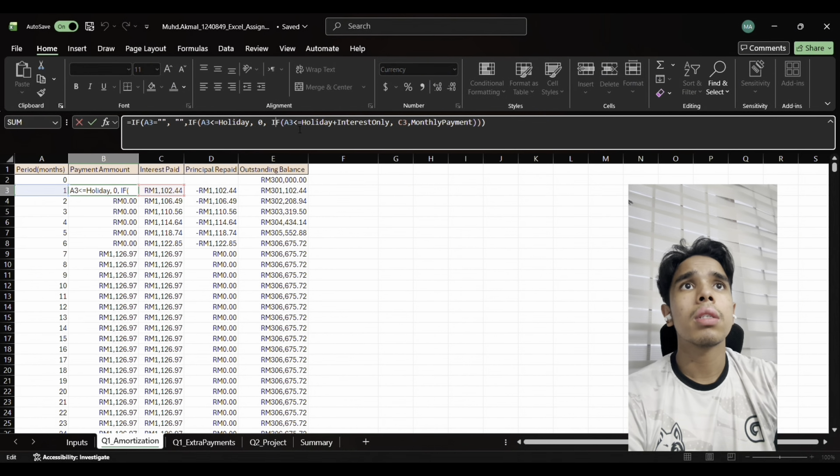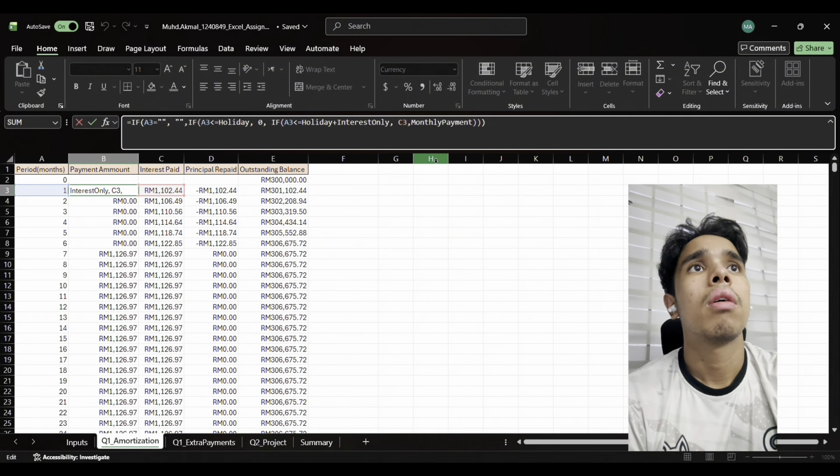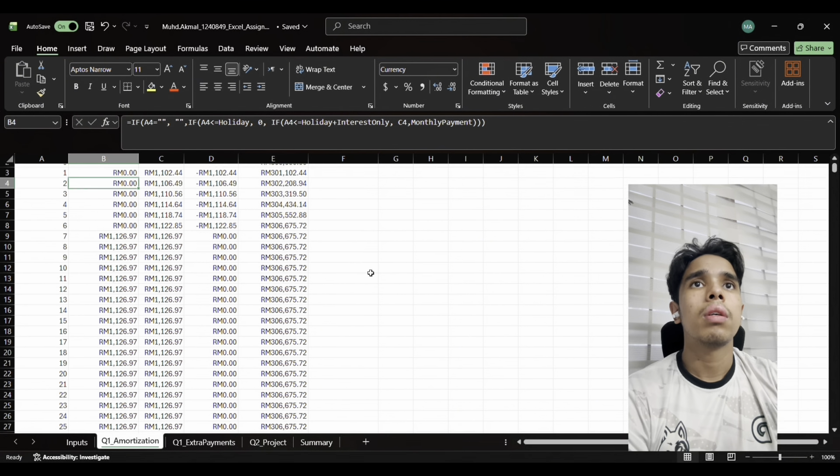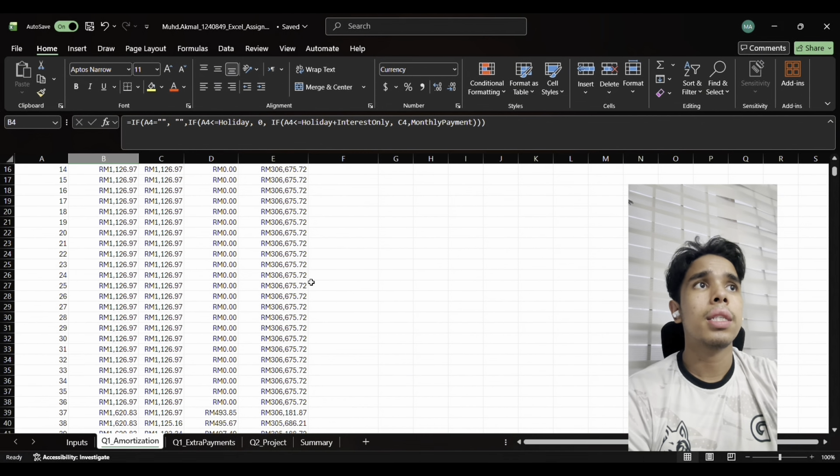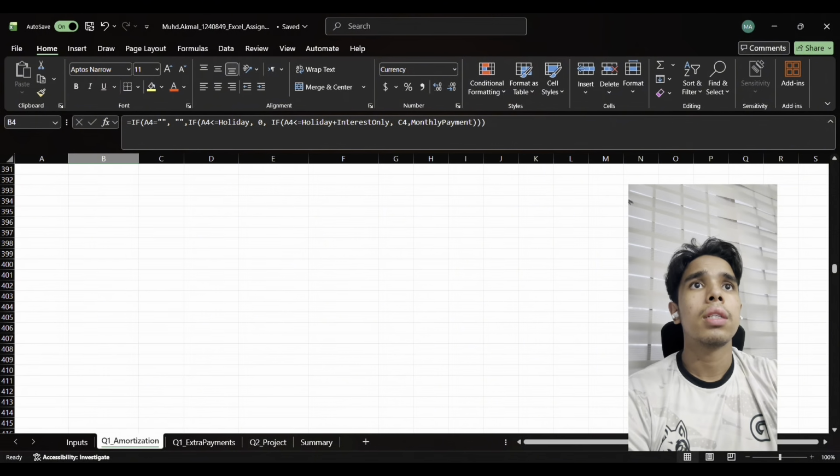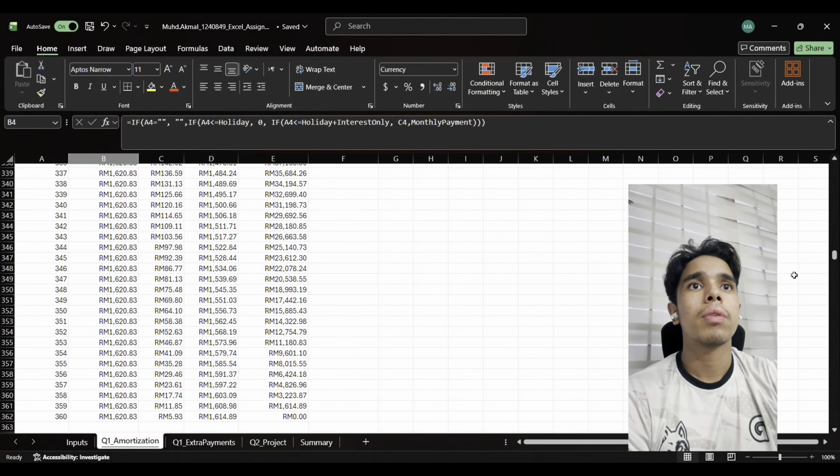If the month is less than or equal to the holiday plus interest only, which is 6 plus 30, 36, it will be the interest paid, or other than that, it will be the monthly payment. We can see at the end of month 316, the balance will be 0.